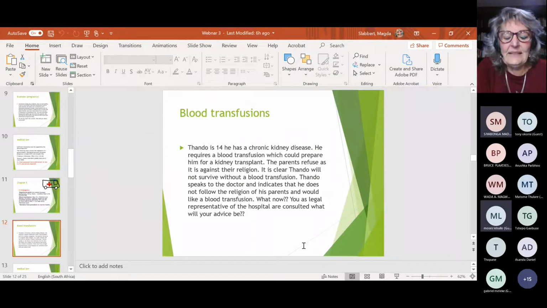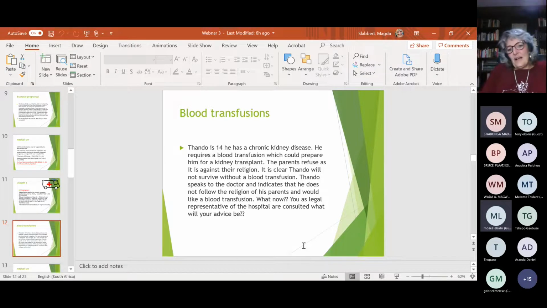And the Children's Act in section 129 says that a child of 12 and older who is of sound mind and understands his or her situation, in other words, they are mature, can consent to a medical intervention. And he can even consent to the kidney transplant because he's 14, he just needs the assent, not the consent of his parents.